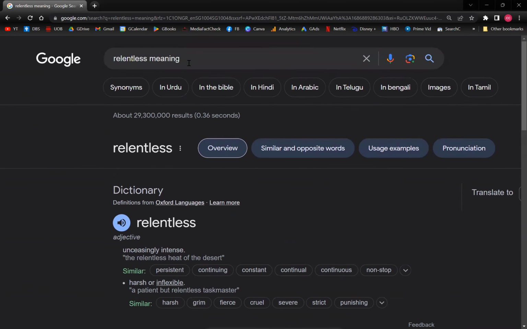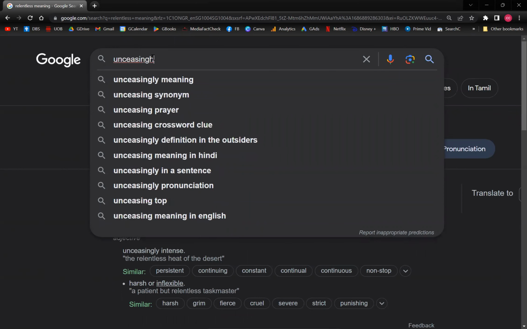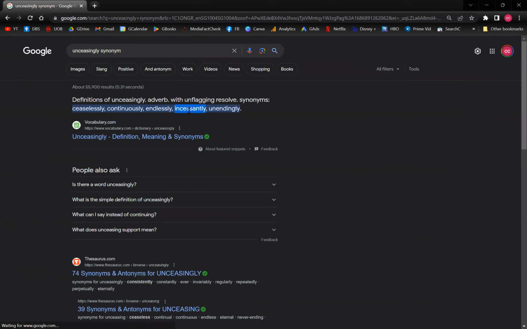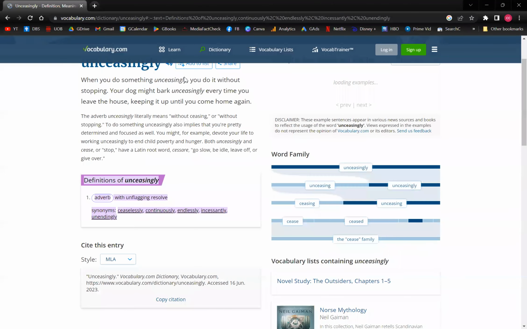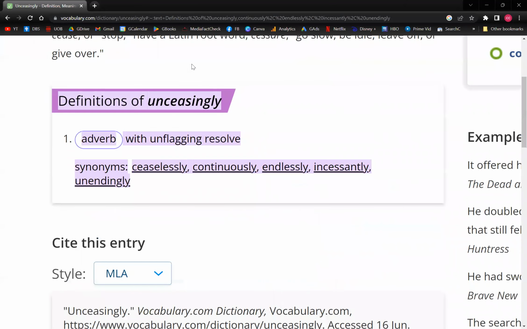Look for appropriate synonyms. So for instance, if I go and type this in, after we have identified the root meaning of it, we can see some potential synonyms here, right, with unflagging resolve, right?